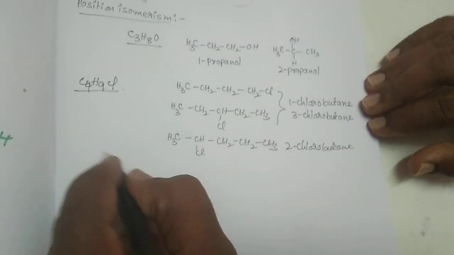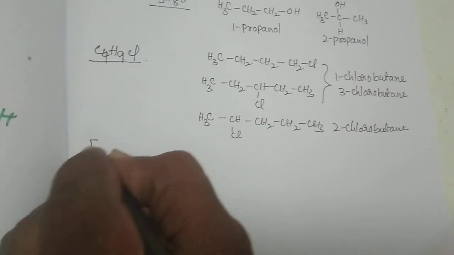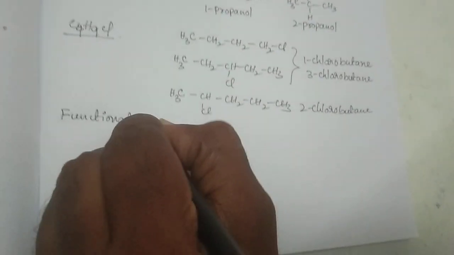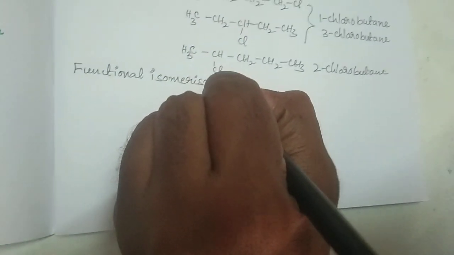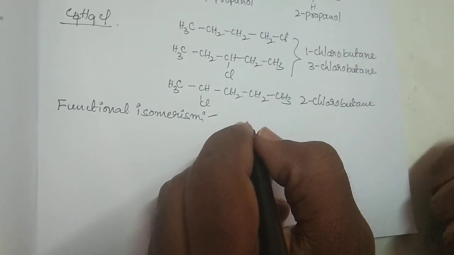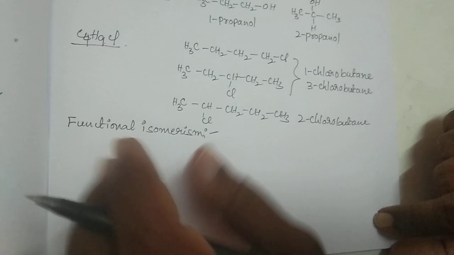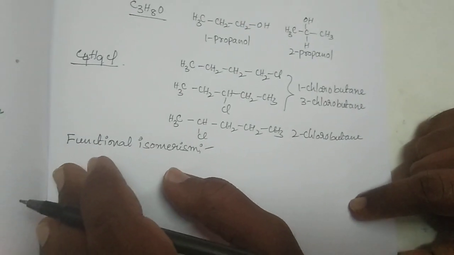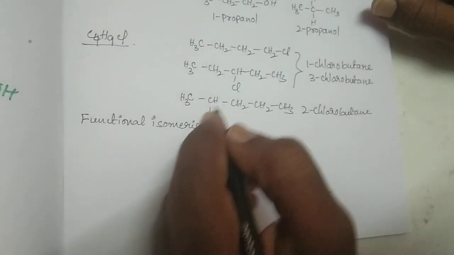Okay, and another isomerism is functional isomerism. Functional isomerism arises where the same molecular formula has different functional groups present. Such isomers are called functional isomers, and that phenomenon is called functional isomerism.